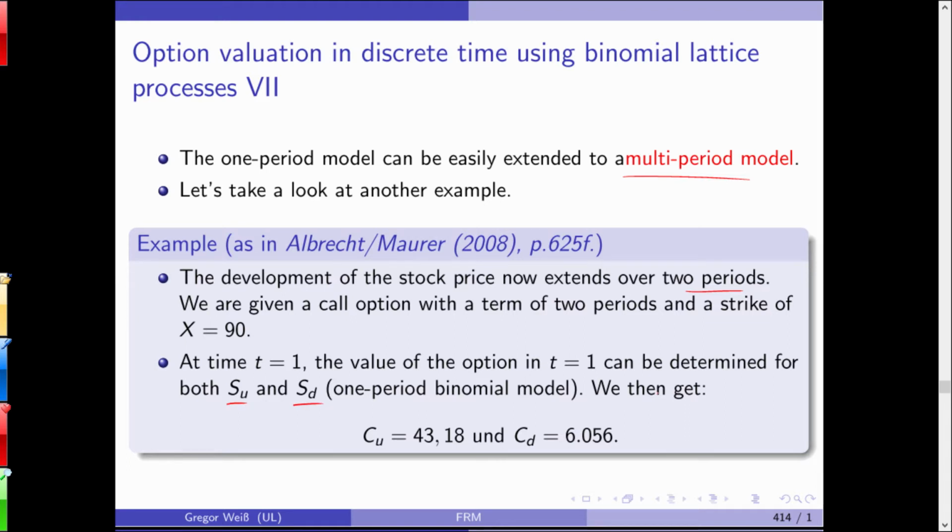And we simply have to recursively use this model, going back one period after another. So what we are doing is, now we've come up with a price for a model that looks like this. Now in a 2-period state, it will look like this.